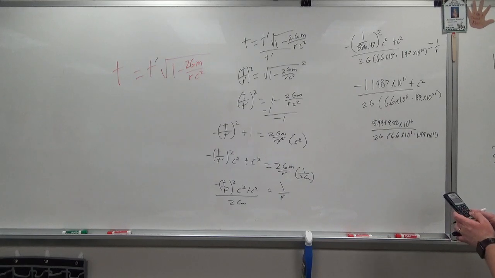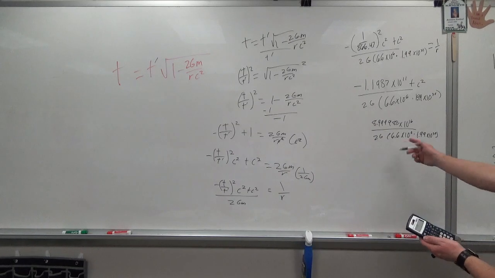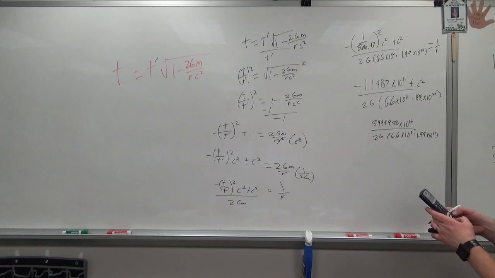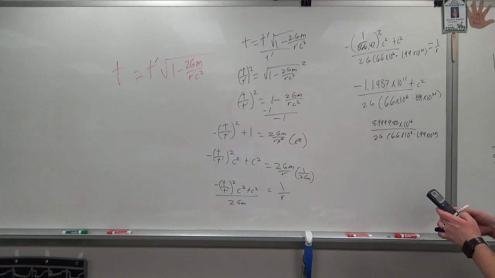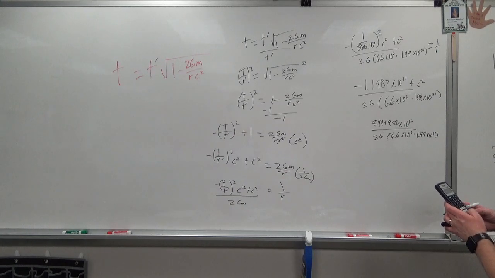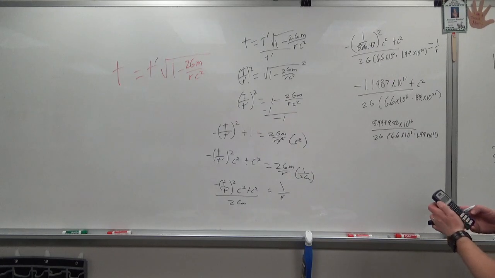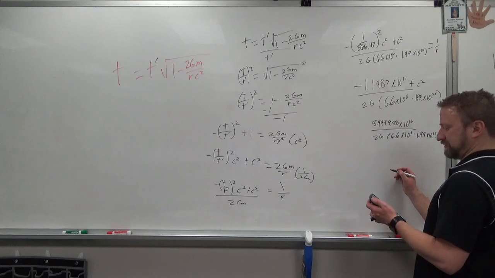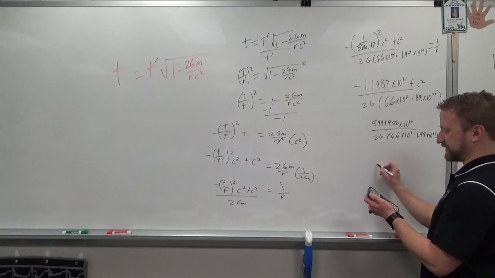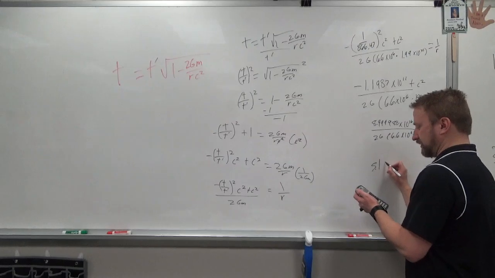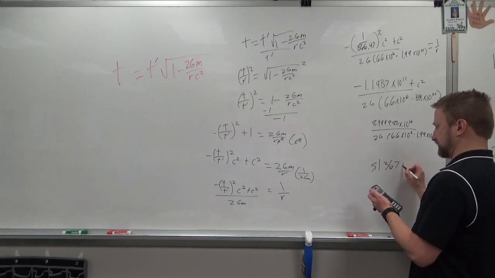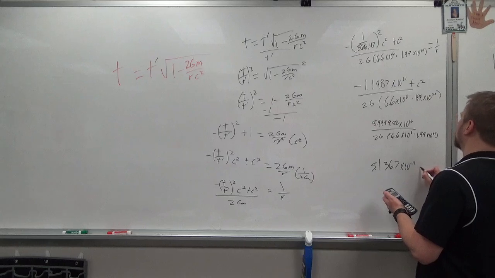It's multiplying, so I should be able to multiply every number. So I go 2 times 6.67e to the negative 11th, times 6.6 to the 6th, times 1.99e to the 30th, so this simplifies down to 5.1367 times 10 to the negative 11th.